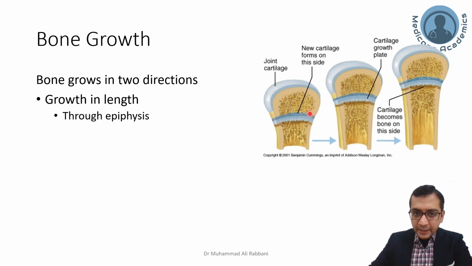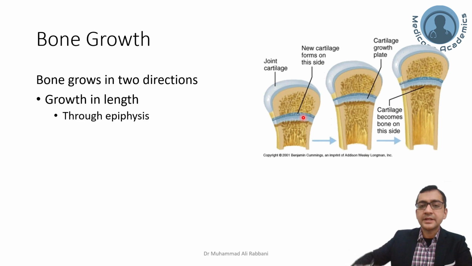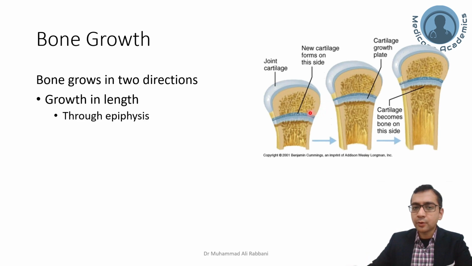The end towards the epiphysis is the dividing part. Here new layers of cartilage form on the epiphyseal end, and the older layers left at the diaphyseal end gradually ossify and become bone. Technically, it does not ossify, it is replaced by bone, but to understand it, it is gradually converted into bone.